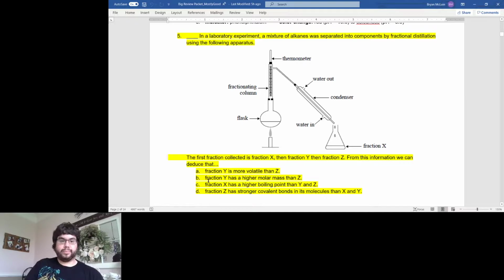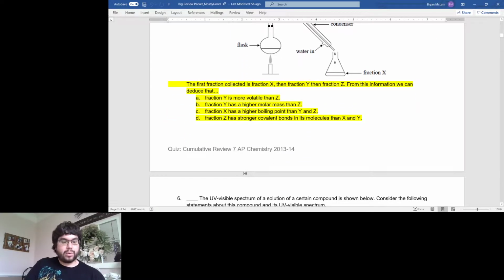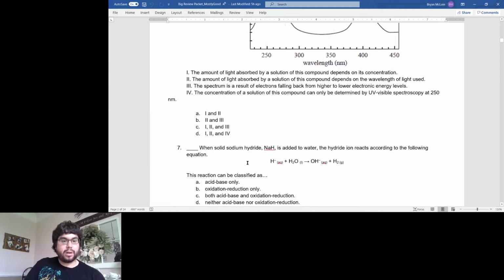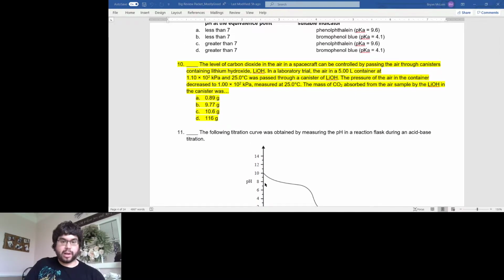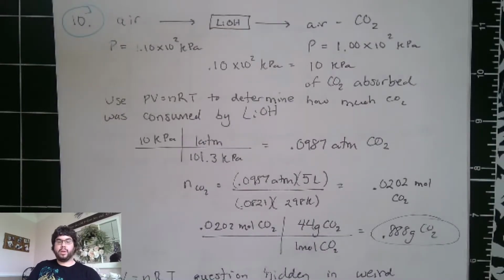And then our next question, question 10 here. It looks like a mathy question, so let me switch over to my document camera. Okay. The question asks us, the levels of carbon dioxide in the air in a spacecraft can be controlled by passing the air through canisters containing lithium hydroxide.